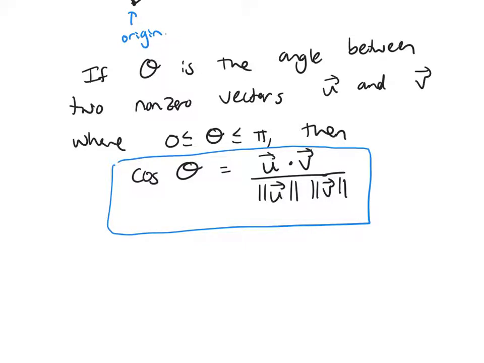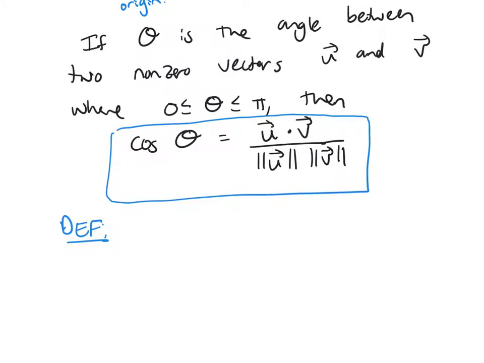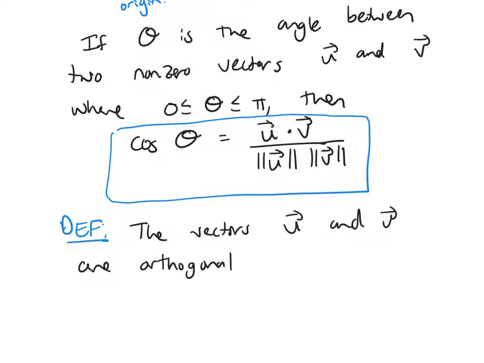All right, so now I'm going to write down one more definition. I'm going to say that the vectors u and v are orthogonal when their dot product is 0.